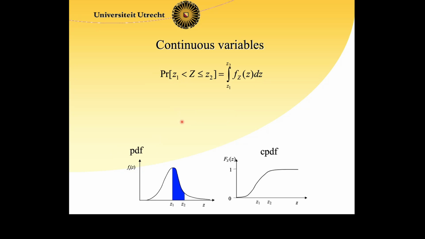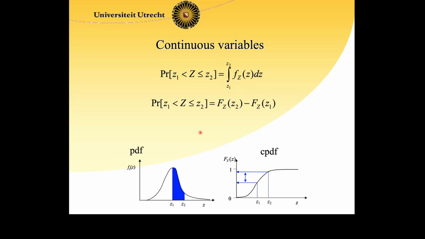Now, if we want to know the probability that Z is in between z1 and z2, we just integrate the probability density function between z1 and z2, and we get this area.